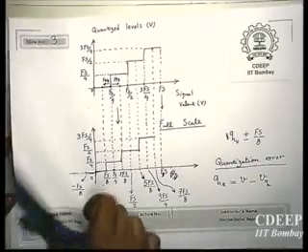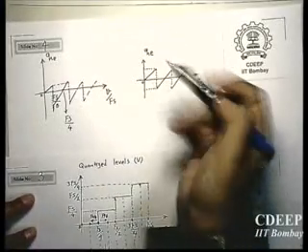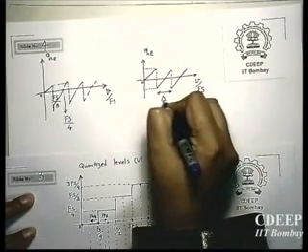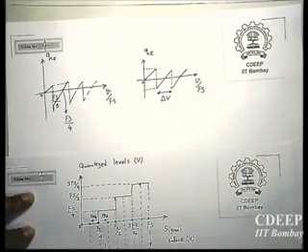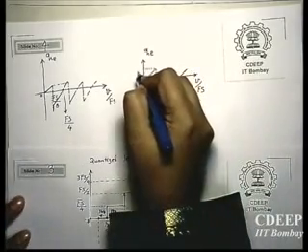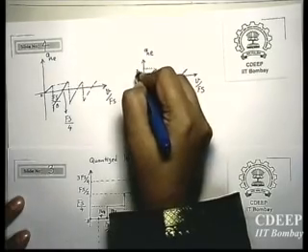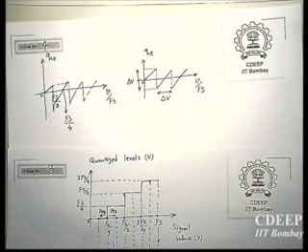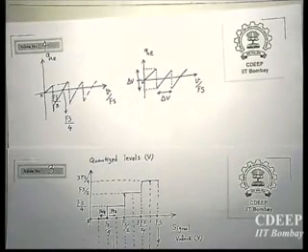Therefore, suppose this is your delta V, okay, this is your step size or quantization step. This is also delta V in general, for uniform quantization.